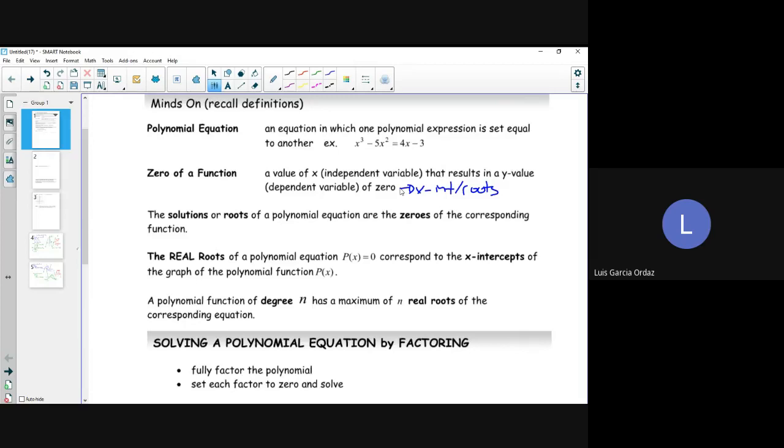Real roots of a polynomial equation p(x) equal to 0 correspond to the x-intercepts of the graph of the polynomial function p of x. So real roots are any real number. It can be a decimal, it can be a fraction. So what is a real number and what is, I guess, an imaginary?